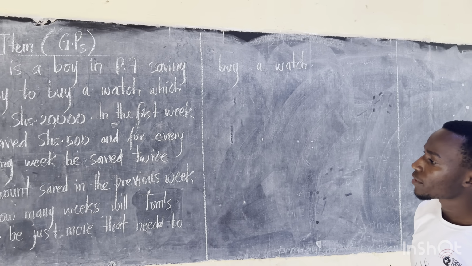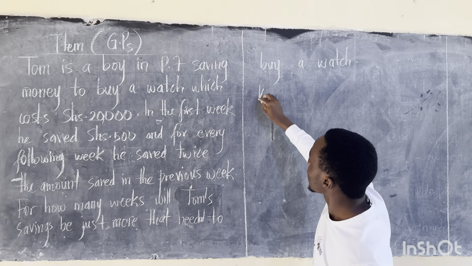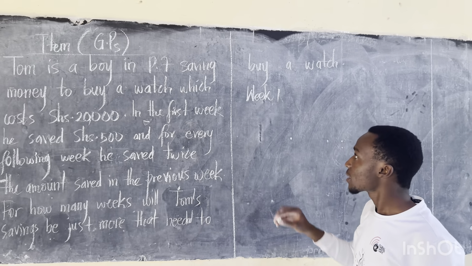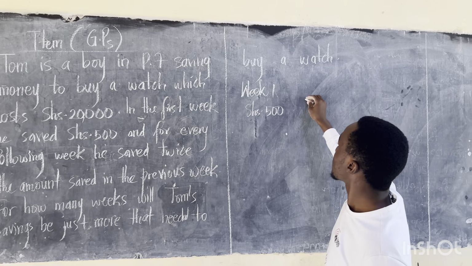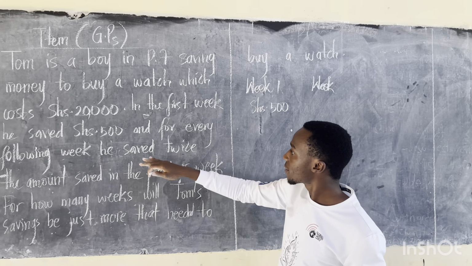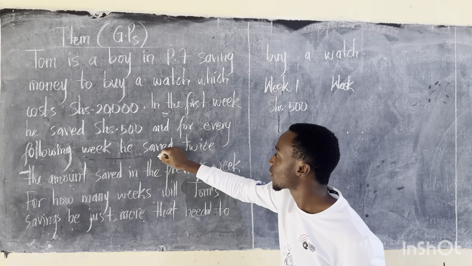So in this scenario, we look at Tom's savings. In week one, we are told that Tom saves 500 shillings, and in the following week, he saved twice that.